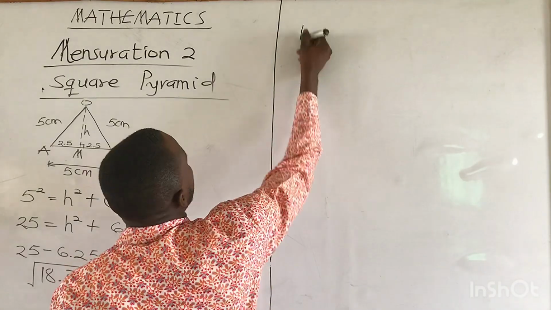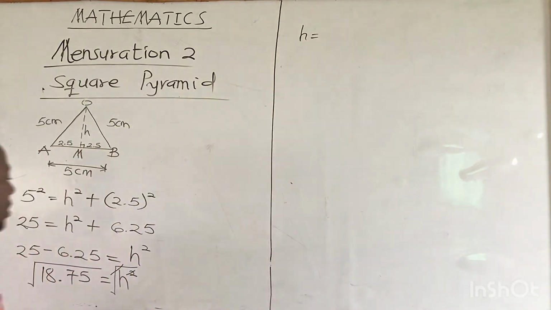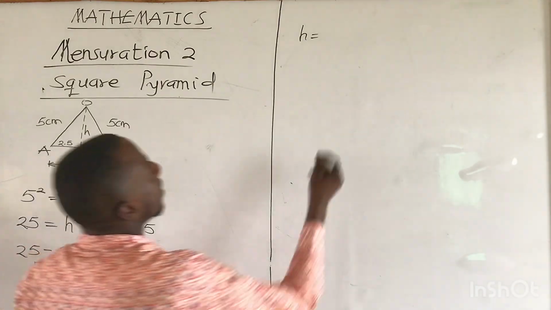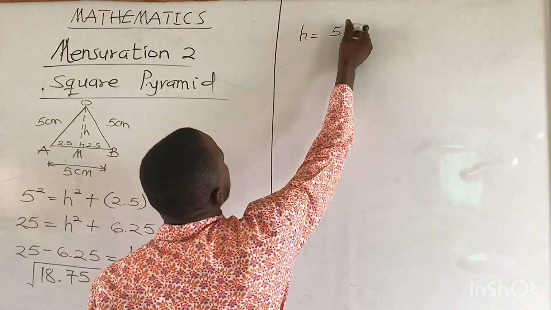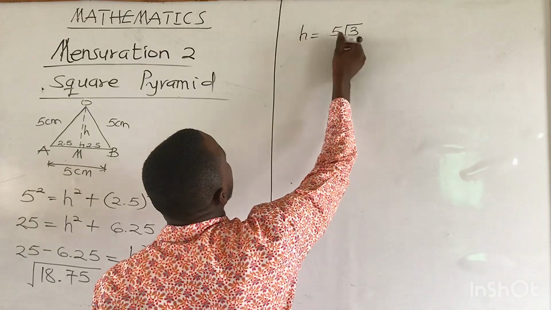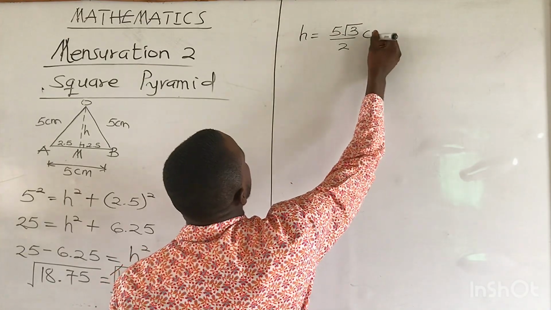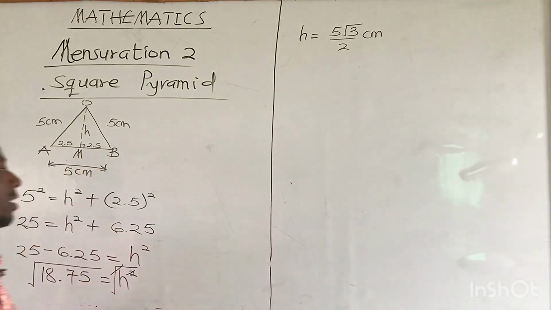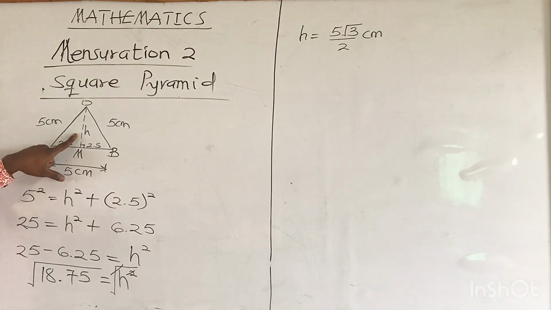So I have the height to be equal to, when we take the square root of 18.75, it will give us 5 root 3 over 2 centimeters. And this will be the height of that triangle.